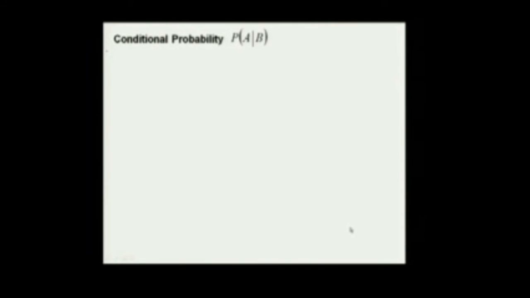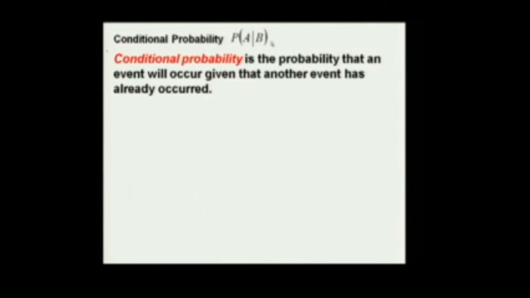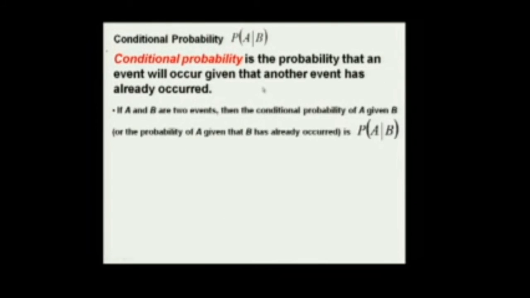Now that takes us to another important subject, which is conditional probability. That's the probability of A given that B has occurred. The best way to get a conditional probability is via the contingency table that we just discussed. It is the probability that an event will occur given that another event has already occurred.